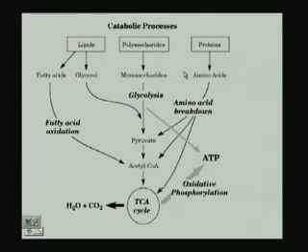Now if we look at all the catabolic processes that occur, the glycolysis pathway will lead us to pyruvate. Pyruvate, all of the breakdown getting to acetyl CoA, acetyl CoA being the main part of the TCA cycle that ultimately breaks it down to carbon dioxide and water. Now this is obviously going to involve a large number of enzymes, and we will look at each of those enzymes and how they act.